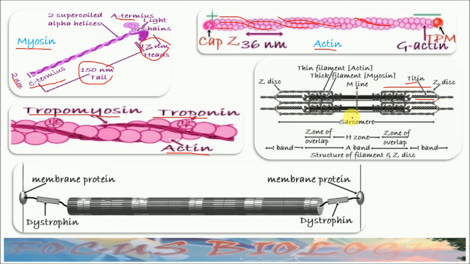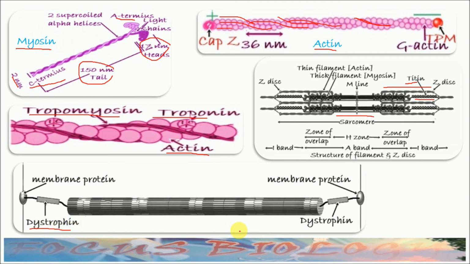This is the M line. As you know, this region is called the H zone, and the H zone is traversed in the middle by the M line. The M line is made up of M protein, myomesin, and C protein, paramyosin, etc. Here it is the dystrophin.